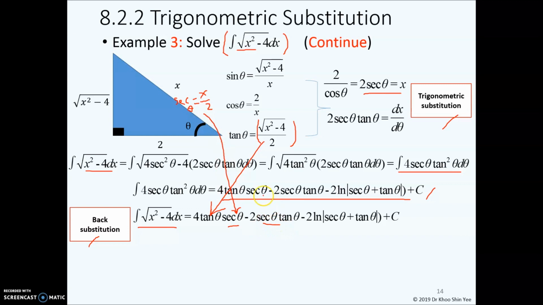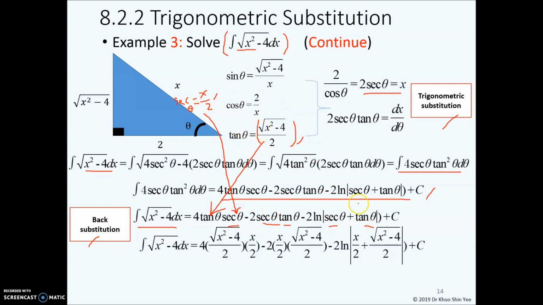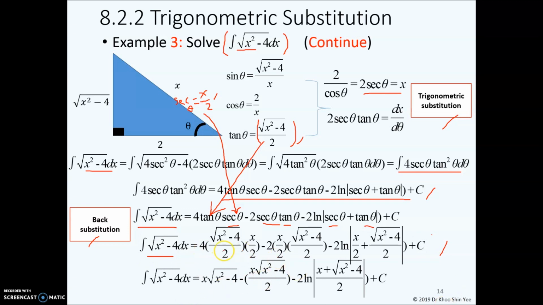Secant here, use this. Tangent, use this. Secant and tangent also, use these two. Substitute this information inside, you should be able to get this term. If you are able to do until this step, you get a correct answer for the integration. You can further simplify this by multiplying all the constants together, you should be able to get this final answer.